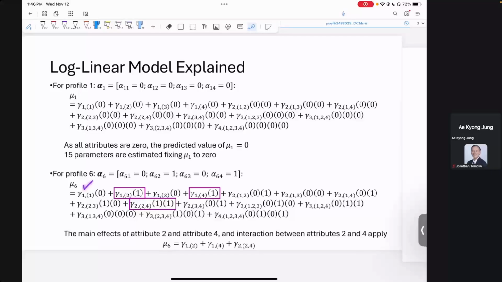If you count all of these gammas, that is 15 parameters to estimate. But if some parameters are significantly not different from 0, then we can remove them, so we don't have to estimate that parameter. That's why we can reduce the number of parameters here.